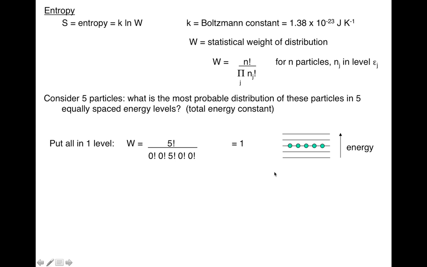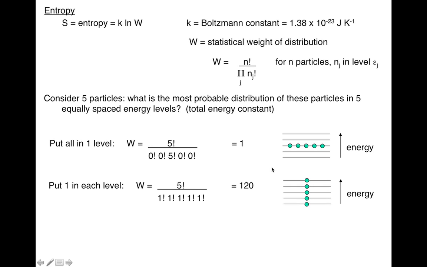Let's think about another distribution. We'll put one particle into each of the levels. Now we'll have 5 factorial divided by 1 factorial for each, and that's 120.